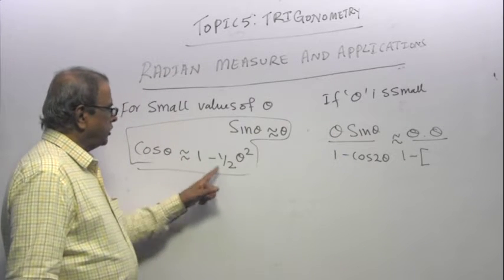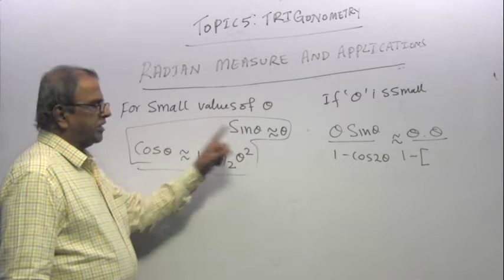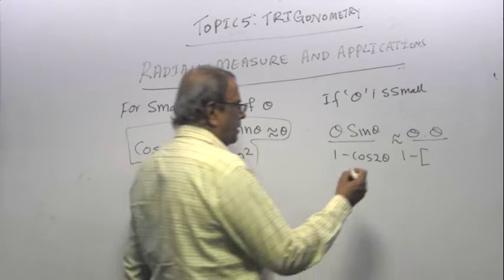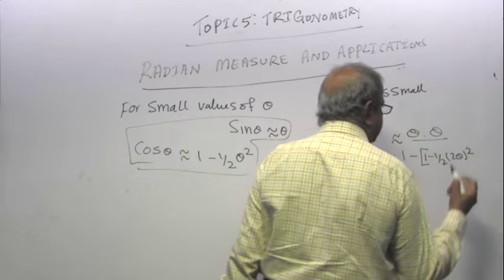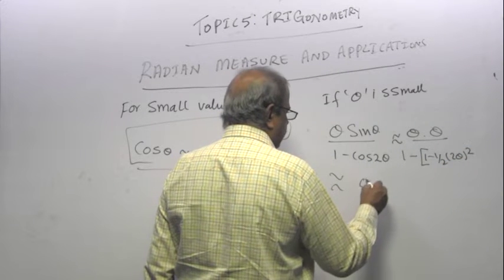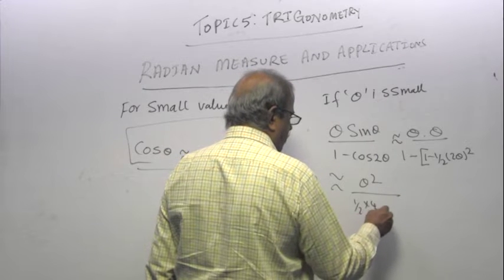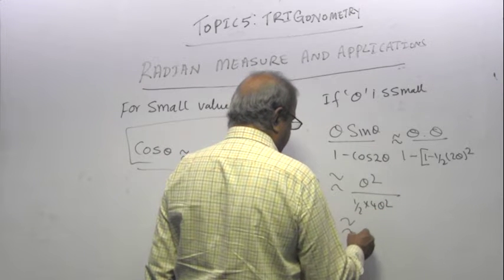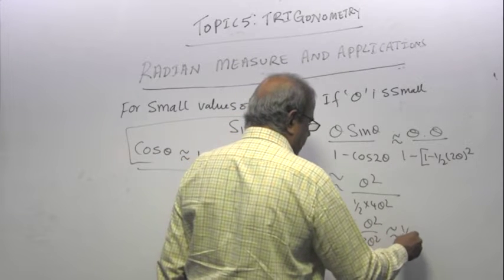So what is cos 2 theta? 1 minus half of 2 theta squared. So what does it become? Theta squared over half times 4 theta squared, which is theta squared over 2 theta squared, approximately half.